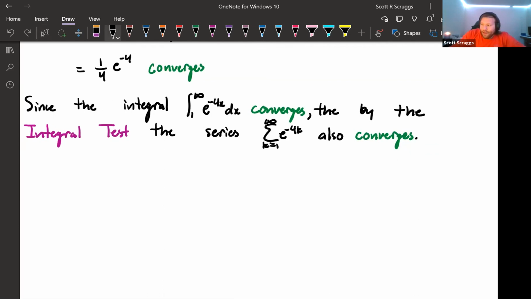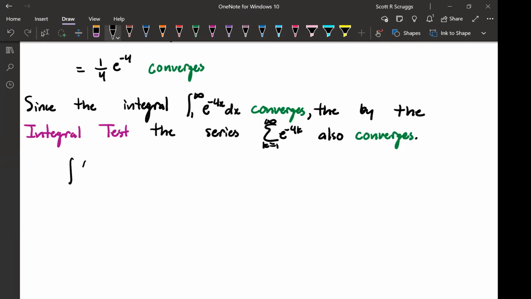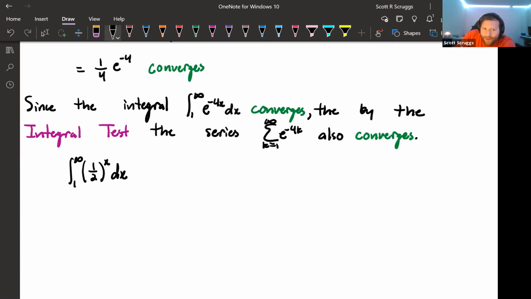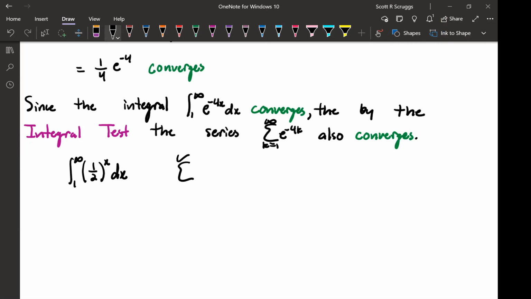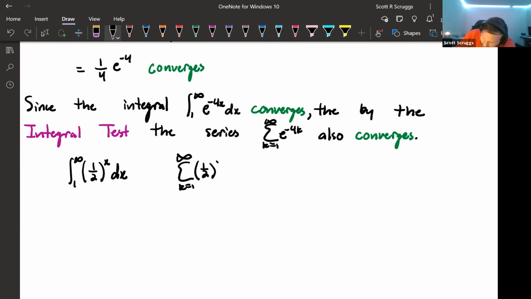And so one quick example to kind of see why. Is 1/x^2 and 1/k^2.